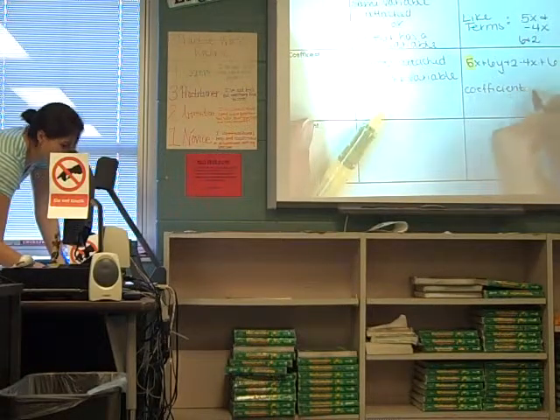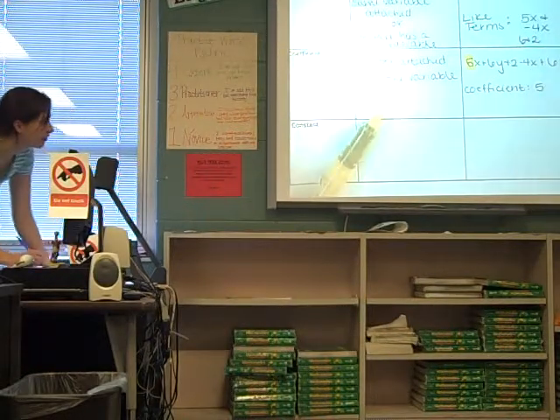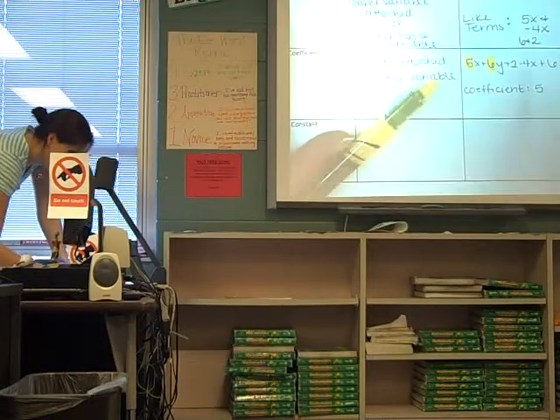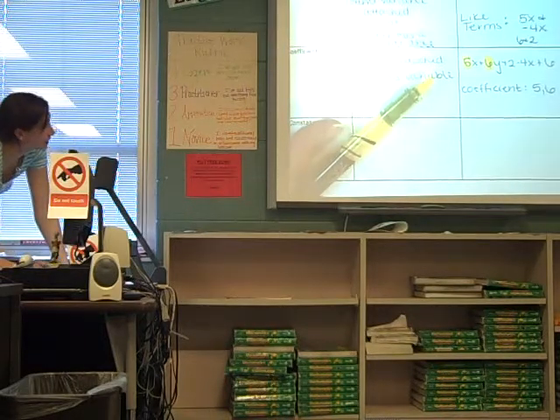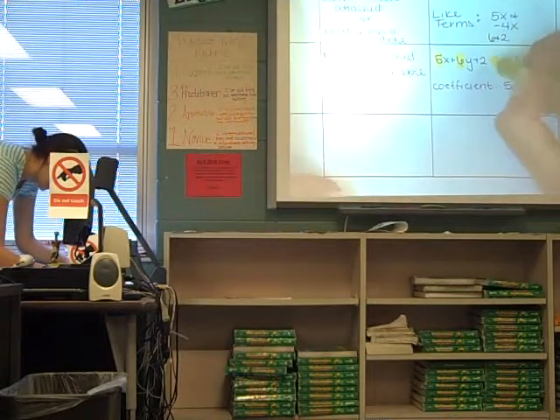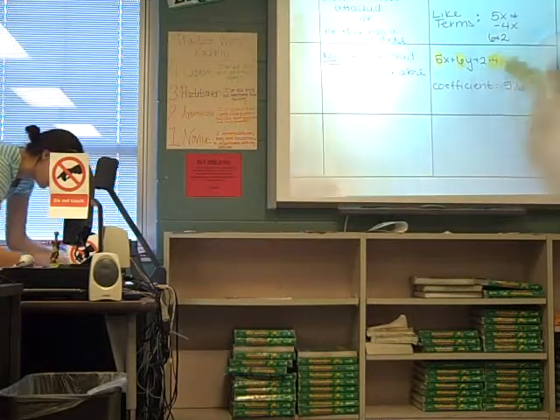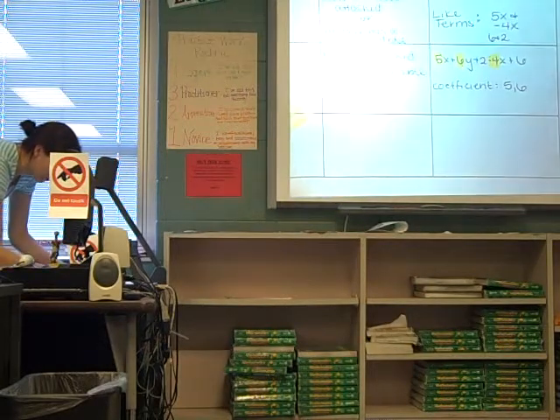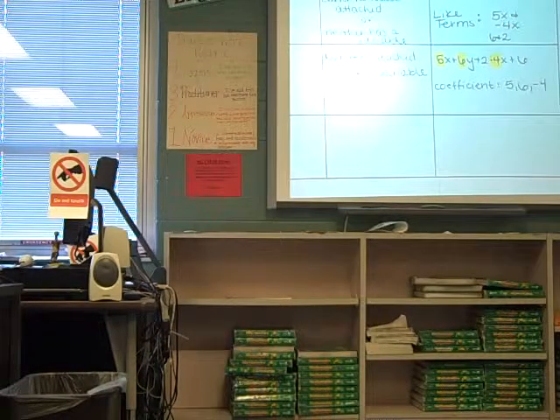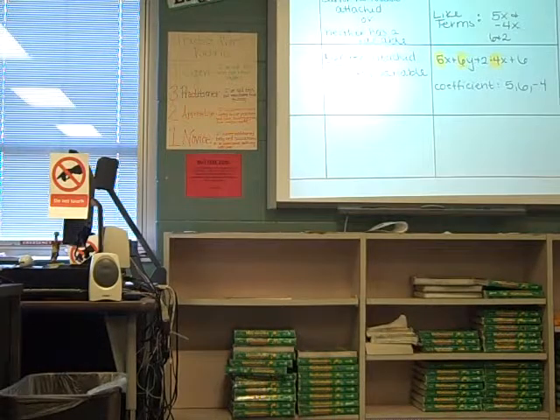The number in front of y is 6, so my next coefficient is 6. My number in front of negative 4x is negative 4, so my coefficient is negative 4. But 2 and 6 are not coefficients, because those don't have a variable.